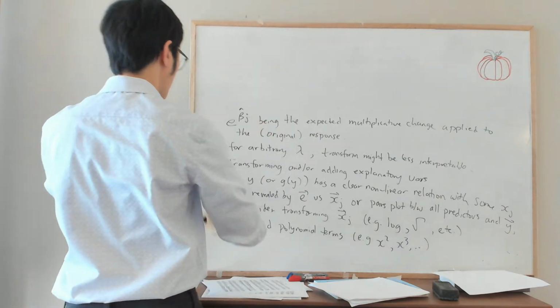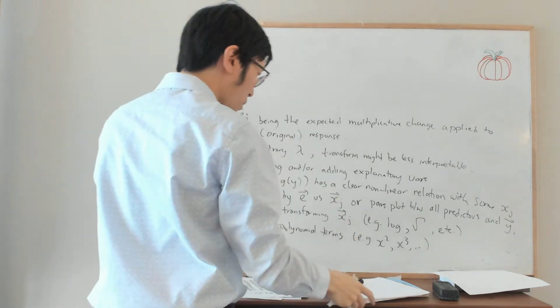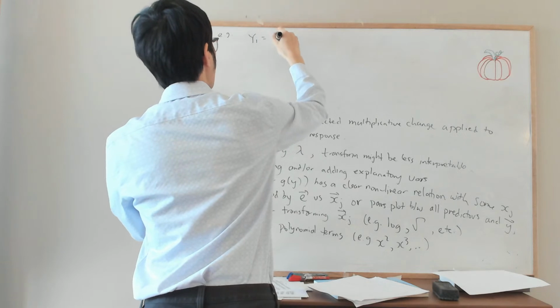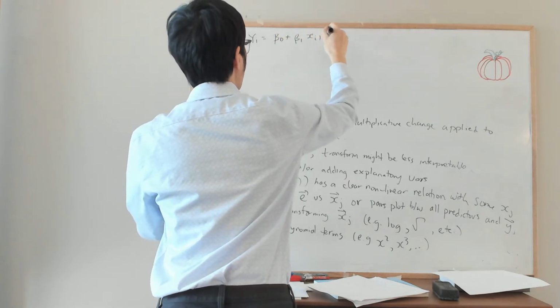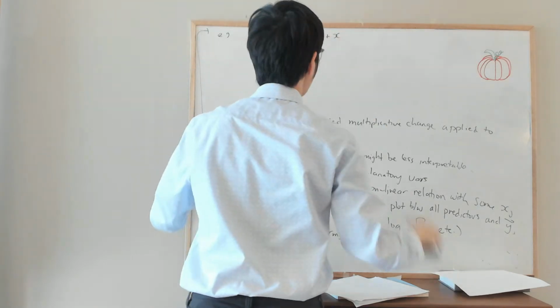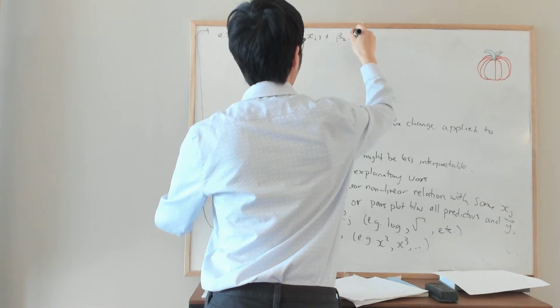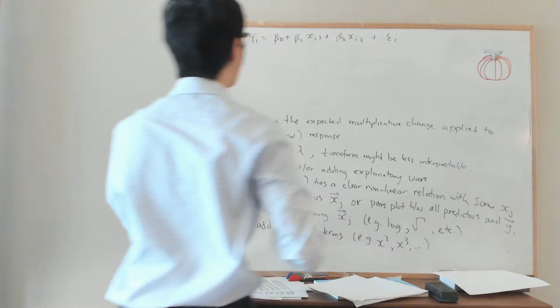okay, so this is continuing this thought. We start with the model, for instance, y equals beta 0 plus beta 1 x i1 plus beta 2 x i2 plus epsilon i.